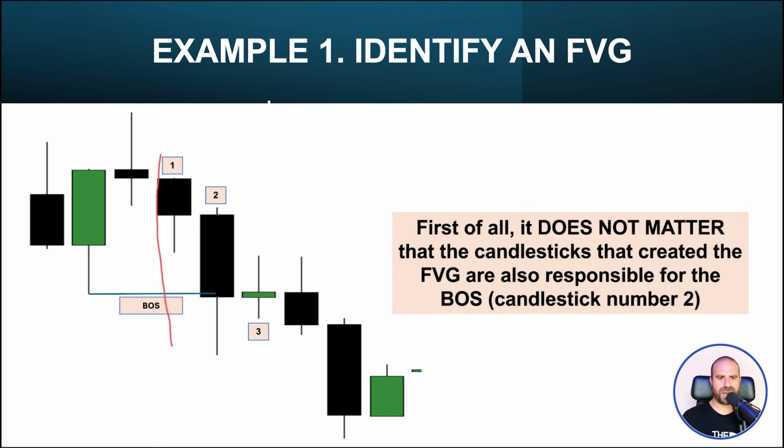This series of candlesticks could have happened later on. So the break of structure could have happened with other candlesticks, not necessarily by the 3 candlesticks that created the fair value gap. This is something that I wanted to talk about, of course, before we proceed. Let's now proceed to the next slide.